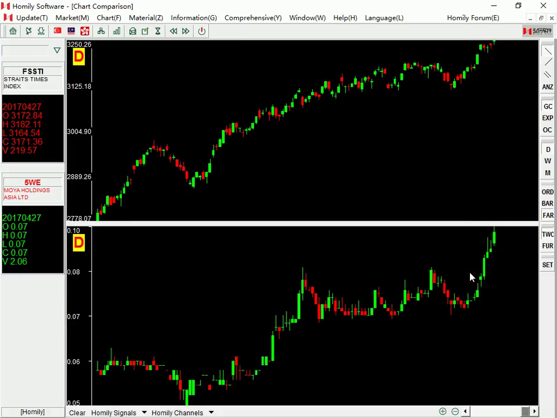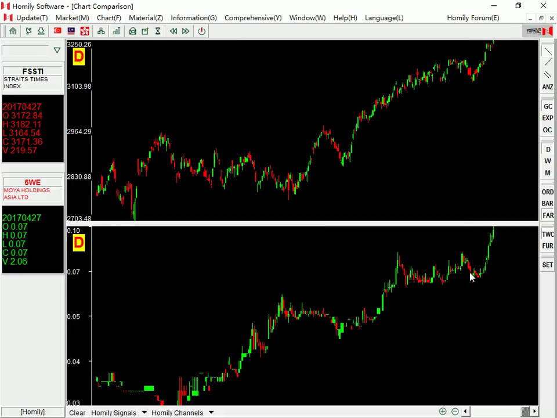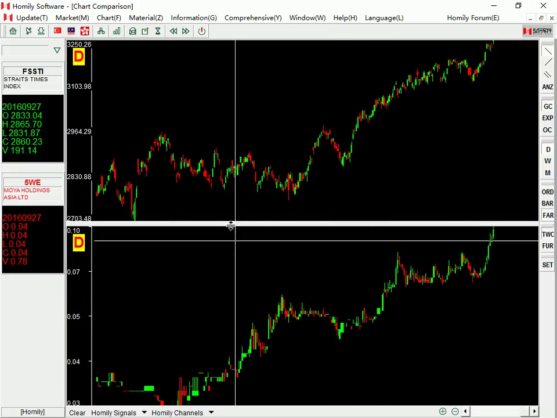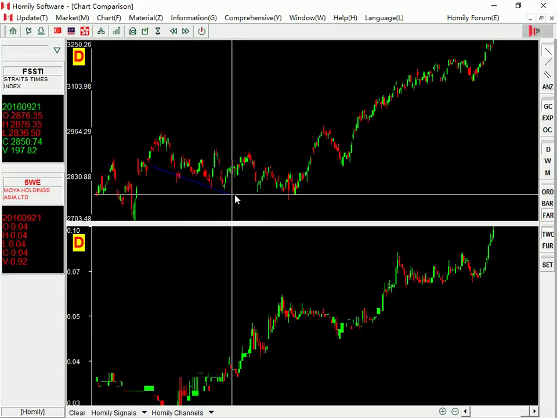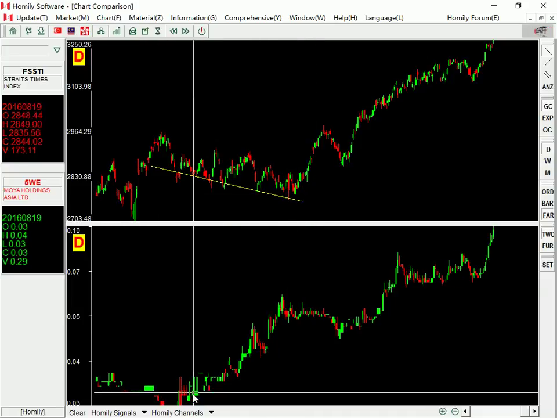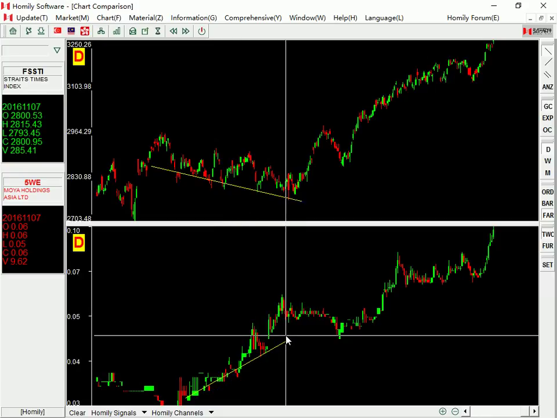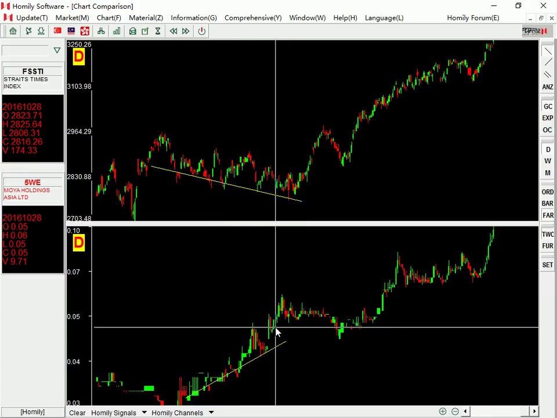Let's see this stock. So strong, right? How to confirm this is a strong stock? We can see here, the market goes down, the stock goes up. What does that mean? Stronger than the index.